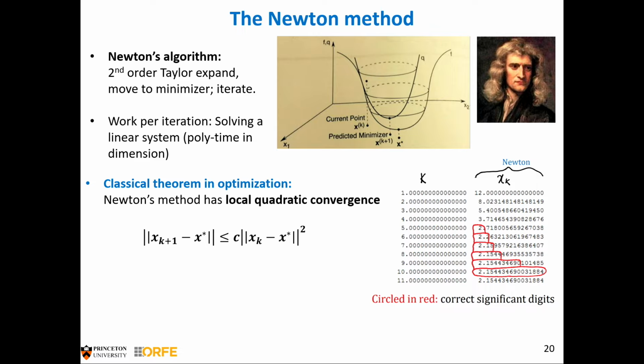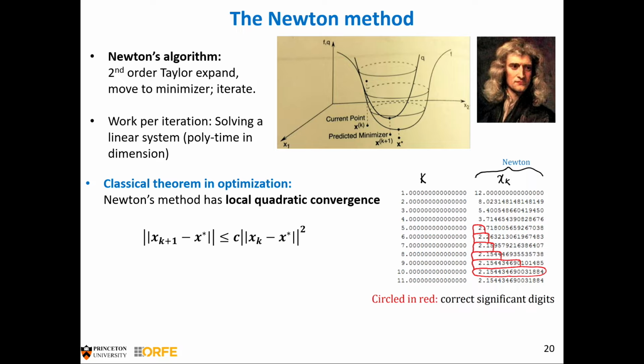More precisely, I actually move to a critical point of the Taylor expansion, but if f was convex at the point that I started with, that critical point would be a minimizer of this Taylor expansion. So the work per iteration of Newton's method is finding a critical point of a quadratic function. It's exactly finding a zero of the gradient, which is solving a linear system, so it's polynomial in the dimension, let's say n cubed.